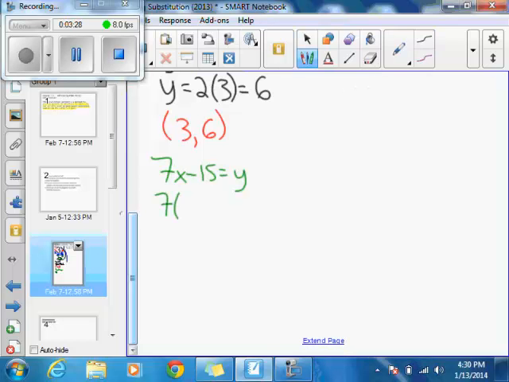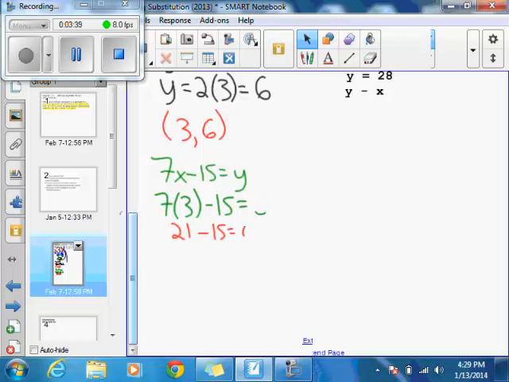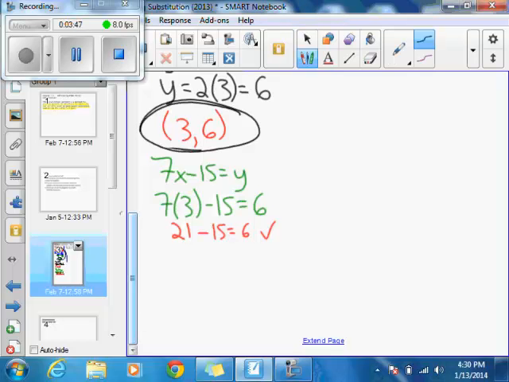So it's 7 times, what's x? x is 3, minus 15 equal to 6. Let's see, we get 21 minus 15. Is that equal to 6? It sure is. So that means our answer is the ordered pair 3, 6. If you were to graph this, that means the two lines would cross at the point 3, 6. But instead of graphing, we use substitution.